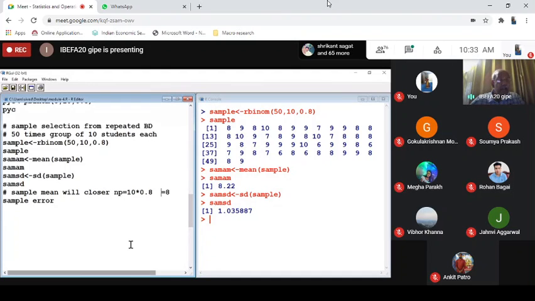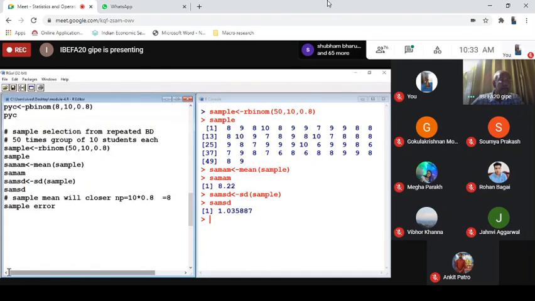So sample error is equal to difference of sample mean and NP.